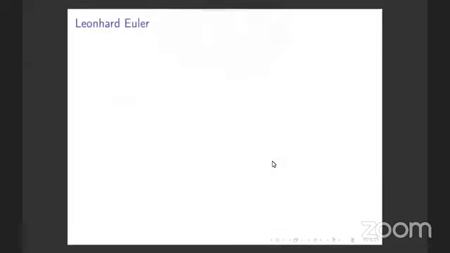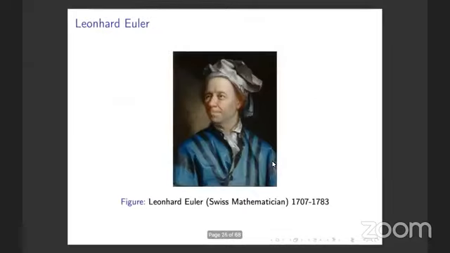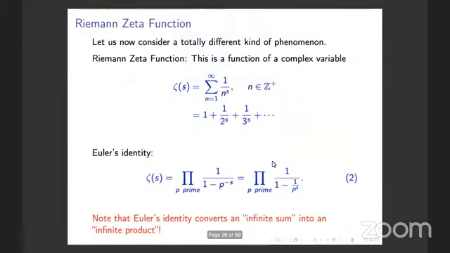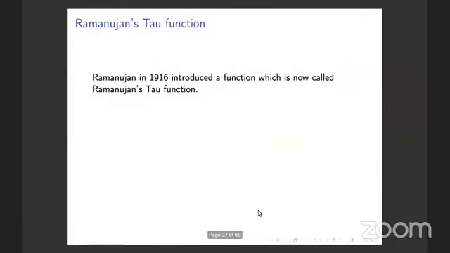And here is Euler, who was even before Riemann. Euler studied these infinite sums at a time when convergence was very vague. Nobody knew precisely what it meant for an infinite sum to have a value. Yet remarkably, Euler's identity converts an infinite sum into an infinite product at a time when nobody knew what these things meant precisely.